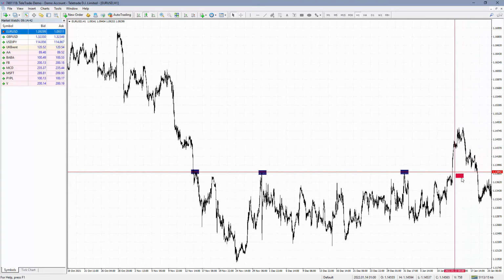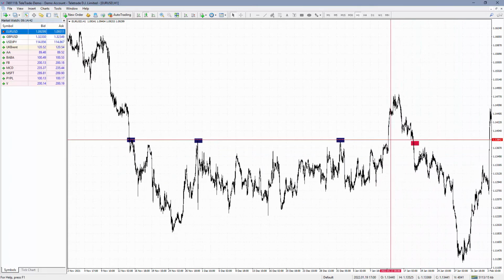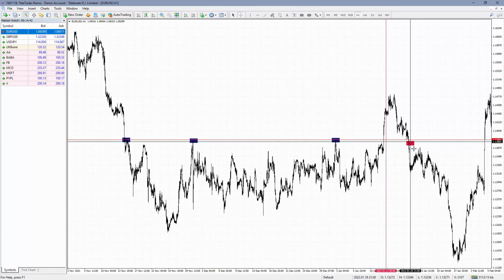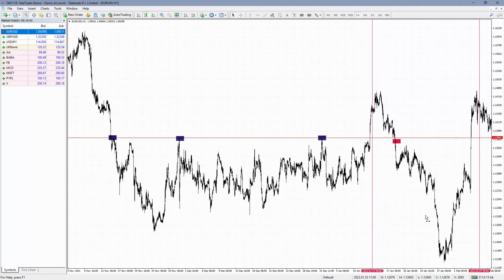Another level below the current price and also a strong downward movement. Then the price rose higher and the daily chart again signals that we can look for a point to sell. This is the point.